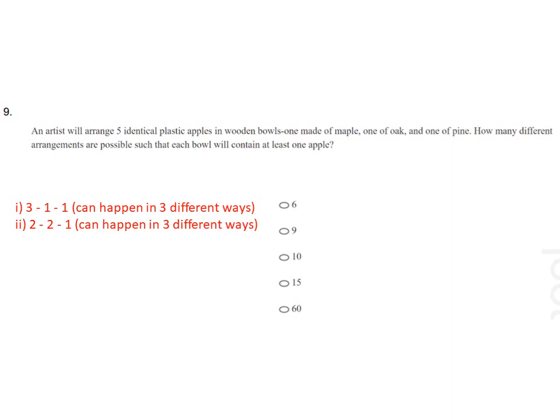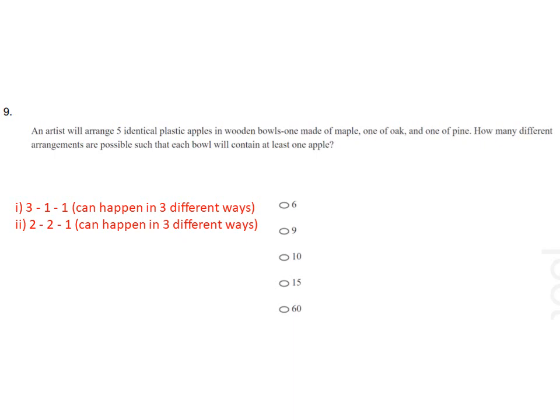As there are 5 identical plastic apples, how can I arrange them? 3, 1, 1: maple can have 3 apples, oak 1 apple, and pine 1 apple. We can arrange it in 3 different ways, for example 1, 1, 3 or 1, 3, 1. Similarly, maple can have 2 apples, oak 2 apples, and pine 1 apple.